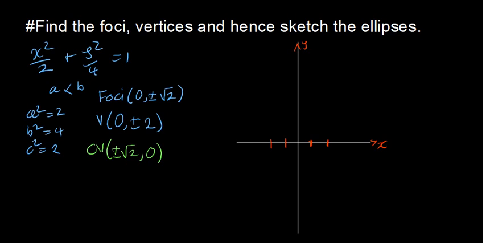The square root of 2 is 1.414213562, and it keeps on going, which might be somewhere here, at these points. That's where we're going to have our co-vertices. Then our vertices are at 2.